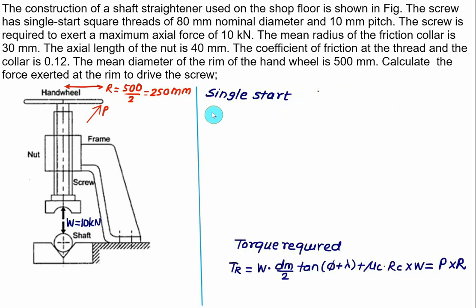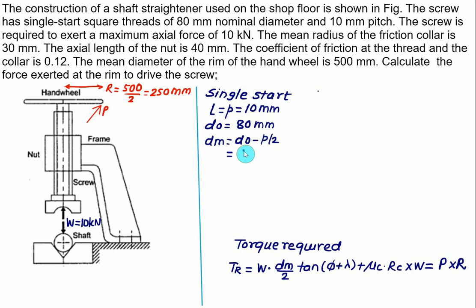In case of single start, our lead is equal to the pitch, which is equal to 10 mm. And our nominal diameter is given as 80, so our D0 is equal to 80 mm. Therefore, our mean diameter dm is equal to D0 minus pitch divided by 2.